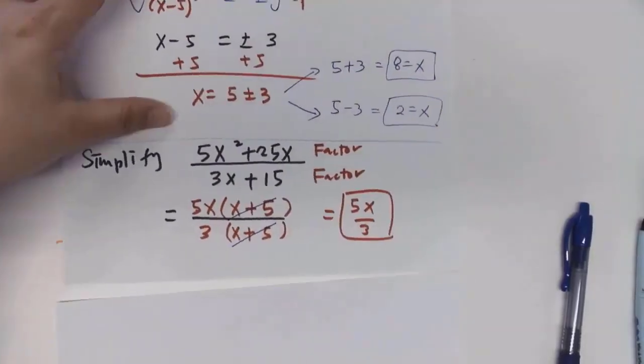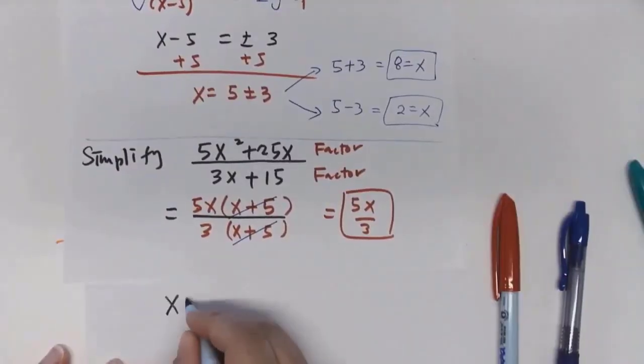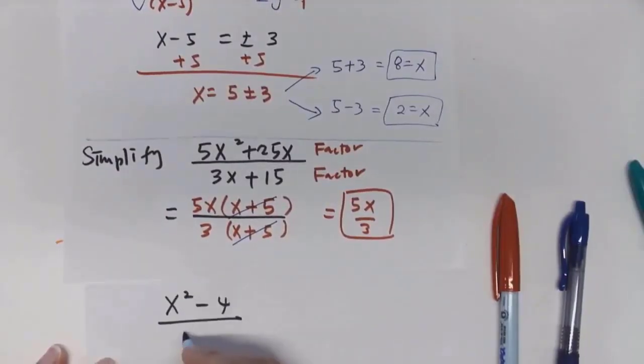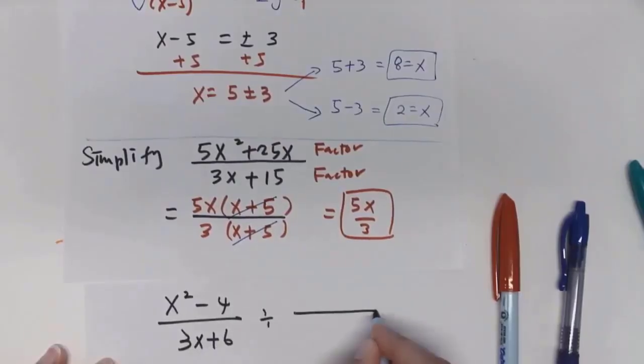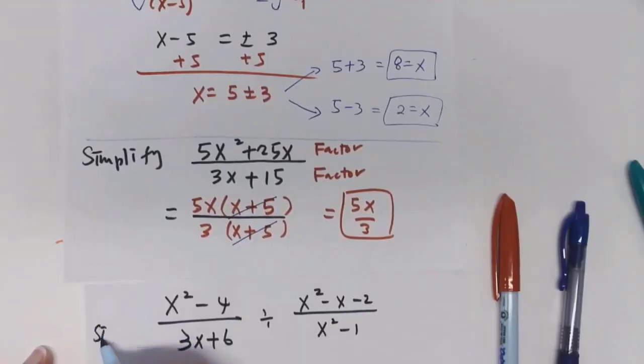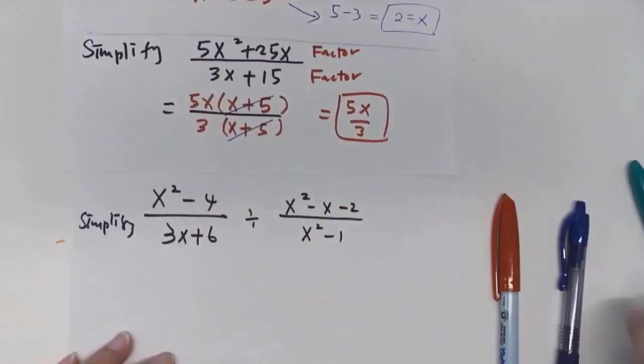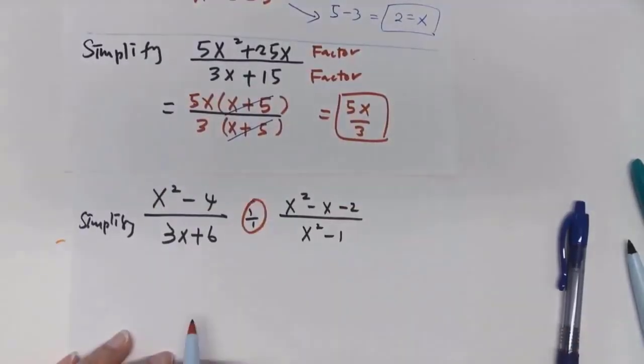All right, the next one we are still simplifying: x squared minus 4 over 3x plus 6, divided by x squared minus x minus 2 over x squared minus 1. When I see division, I need to do what?